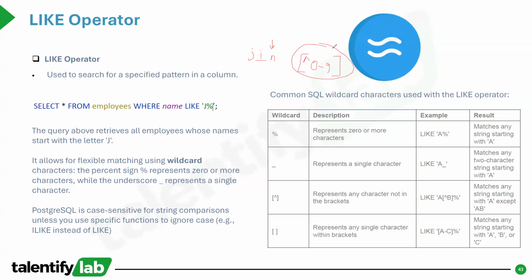This means everything different from numbers. So this will represent, over here you see, first one will be A, second one will be anything different from B, except B. For example, AB will not be accepted here.